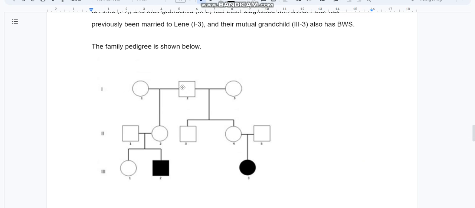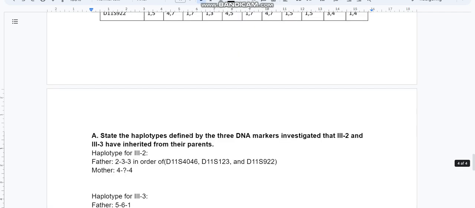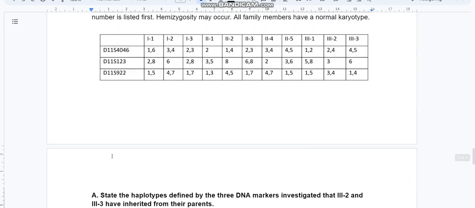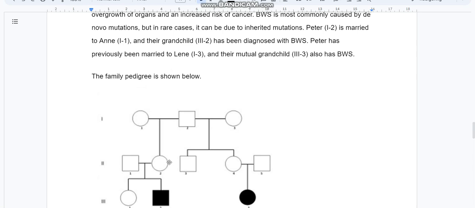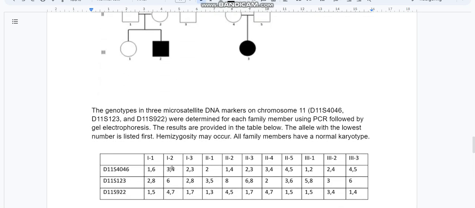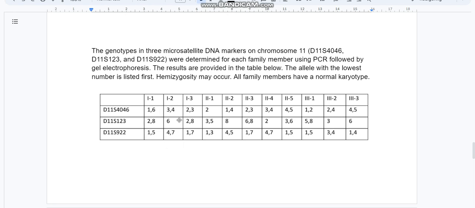This is the person who has this haplotype, which, because 1, 2, right? So 4 question mark 4. Actually, you can just look at this table here. There is no 4s here, there is no 4s here.